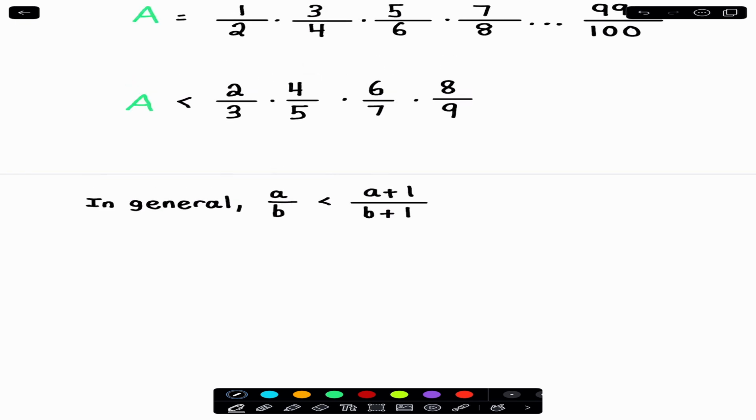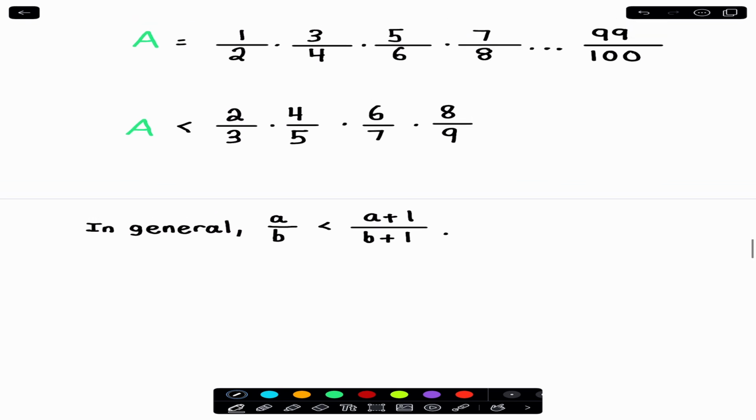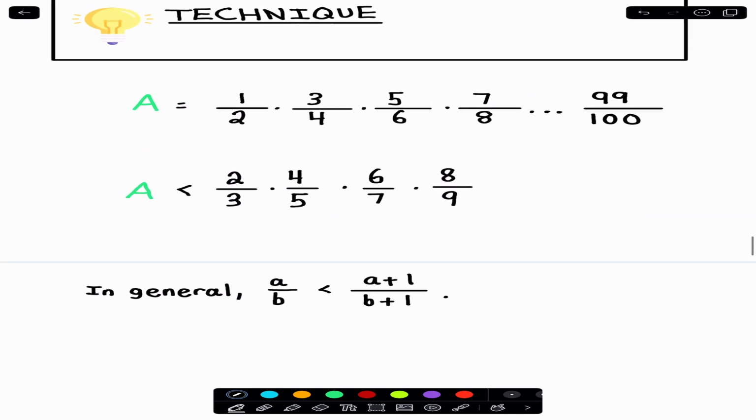And we're not going to show that in this video, because this is a very important topic for another day, but for now, you're just going to have to assume that this is true. Even though it's not necessarily too hard to show, it's not something I want to go over in too much detail in this video. So for now, you're just going to have to trust me that this is true. So this means our last term, 99 over 100, is less than 100 over 101.